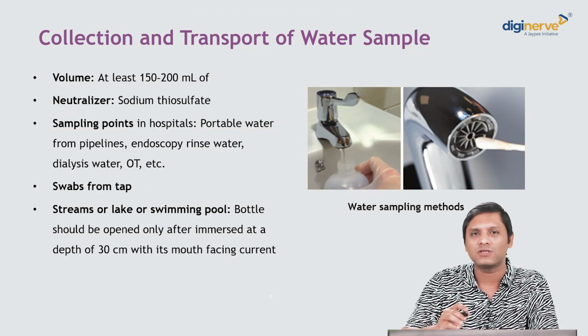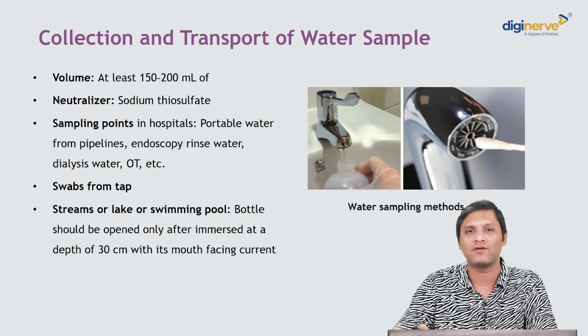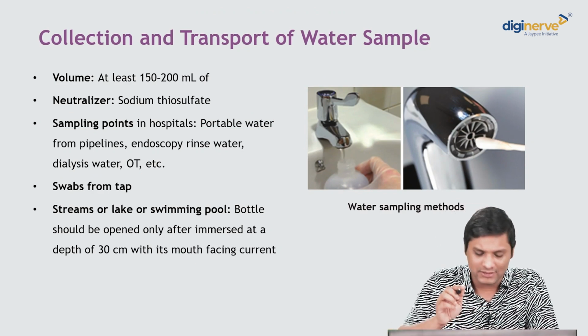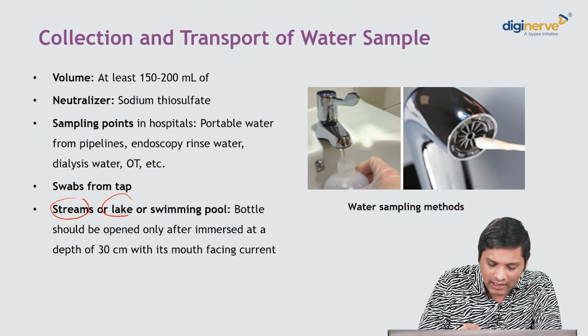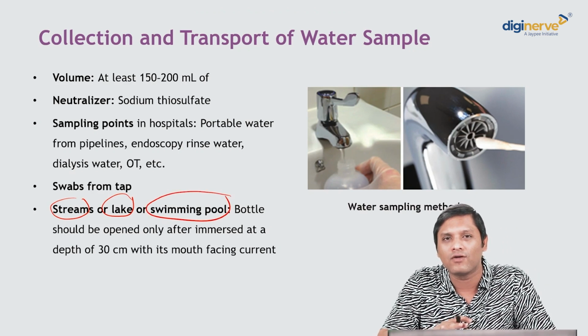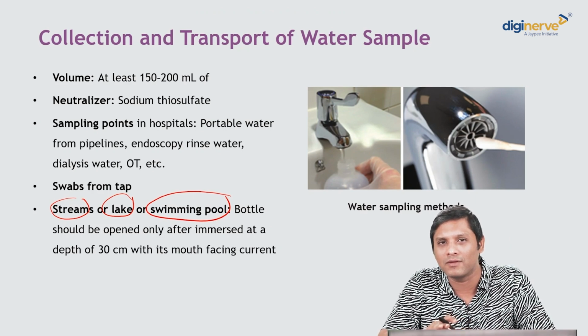Suppose apart from the hospital supply, in various other community places, how to collect the specimen? They say that stream, lake, or swimming pool are the various community places from where the water sample may be collected.